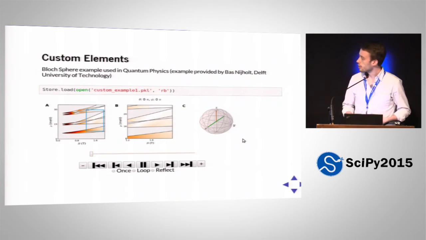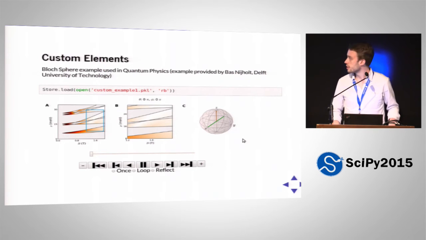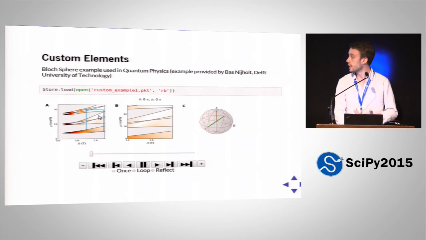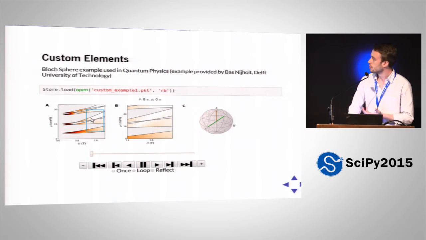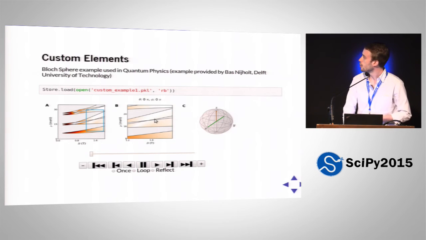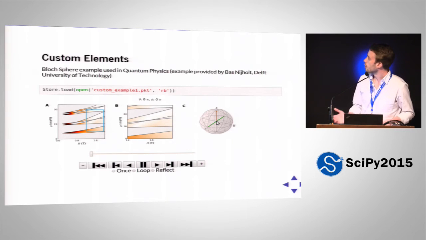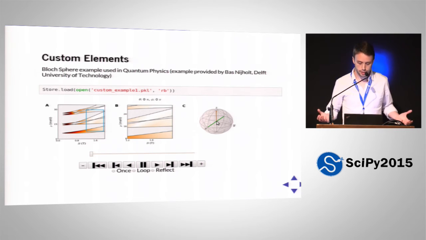However, one of our users actually works in quantum physics, and he needs some specialized plot types. So here in A and B, again, it's just standard HoloViews element types. It's some images with some contours. And here we've actually marked a subregion of interest, which is then expanded on in figure B. But then we also have this new plot type, which is called a Bloch sphere.